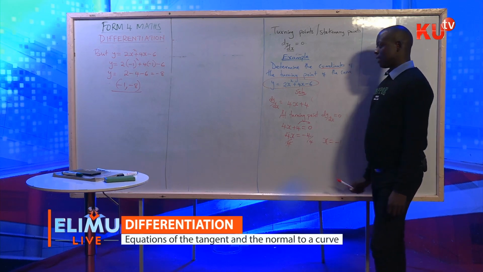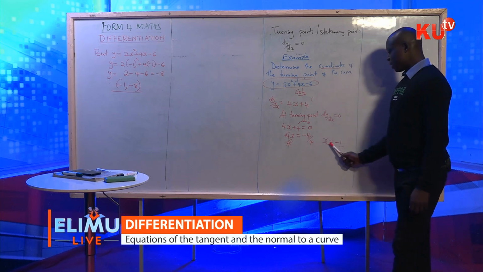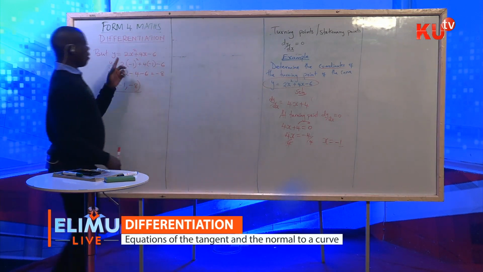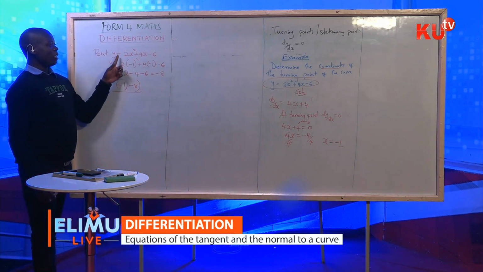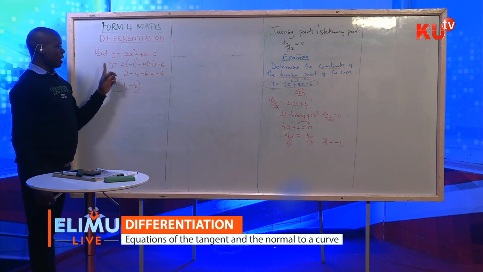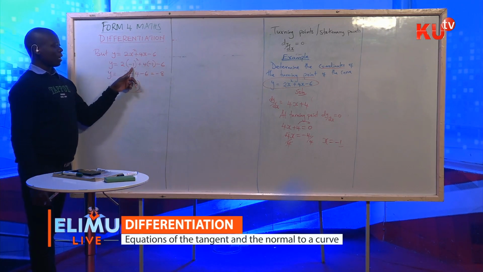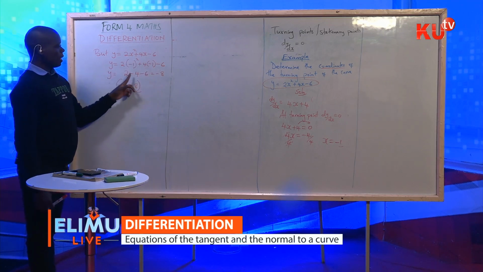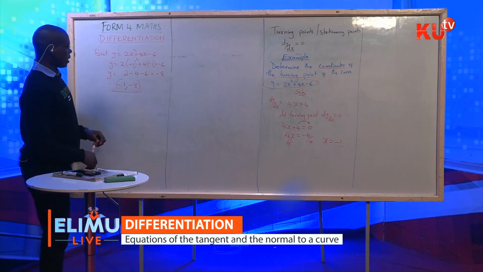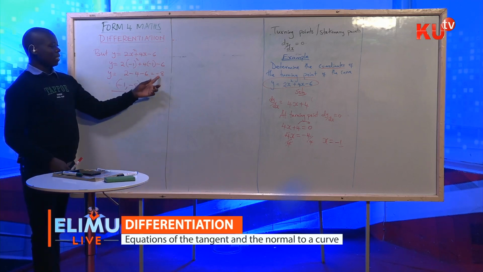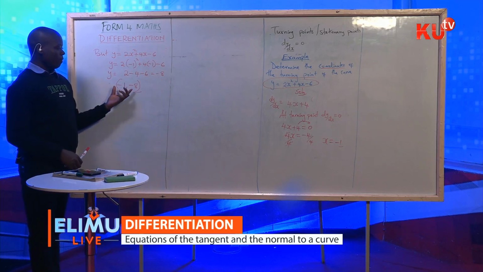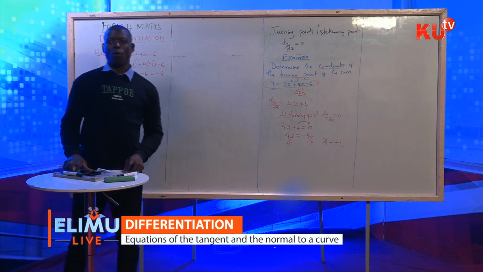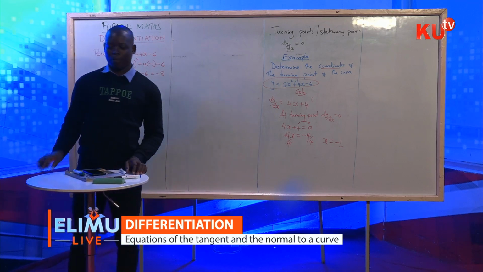Once we have x equals to -1, we replace it into the function defining y, which is y is 2x squared plus 4x minus 6. Where there is x, we substitute -1. This gives us 2 minus 4 minus 6 to get -8. And so our y is -8. Therefore, -1, -8 defines the value of the turning point.